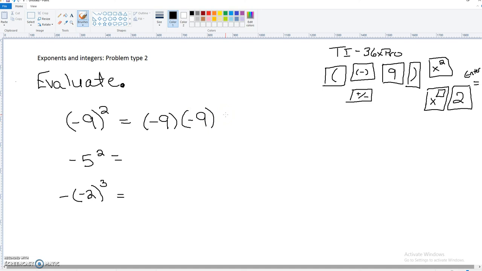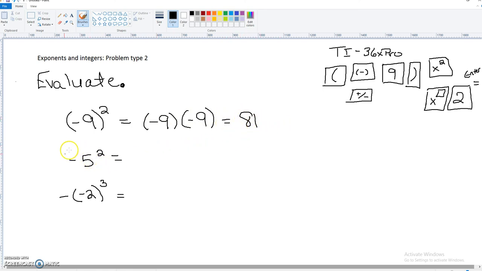It plays a very important role, and at this point you've realized how frustrating it could be to forget that negative sign. So it's very important that you're paying close attention to it. In this case, since the negative sign's inside the parentheses, we've got -9 times -9, which of course gives us a positive 81.